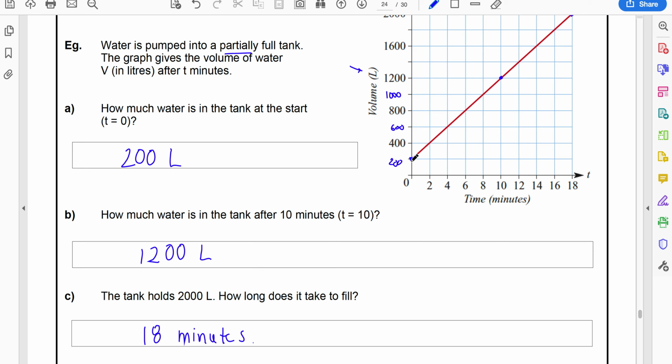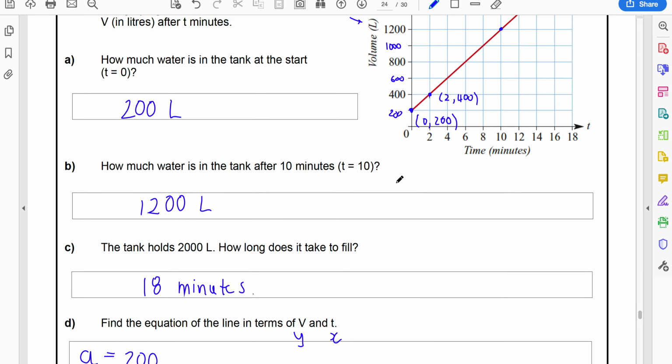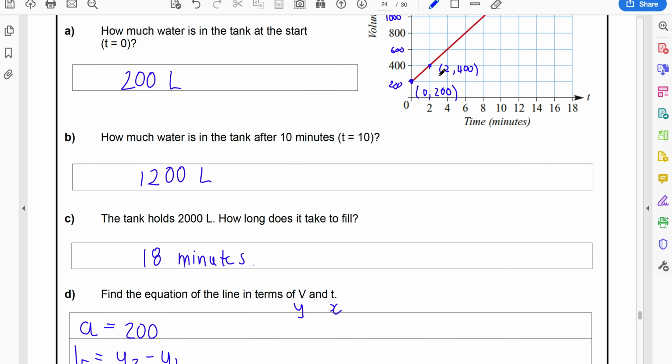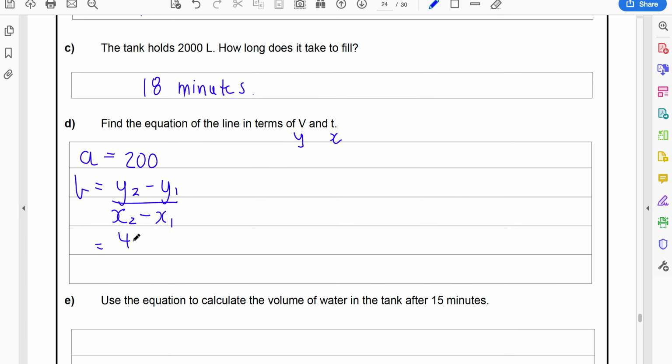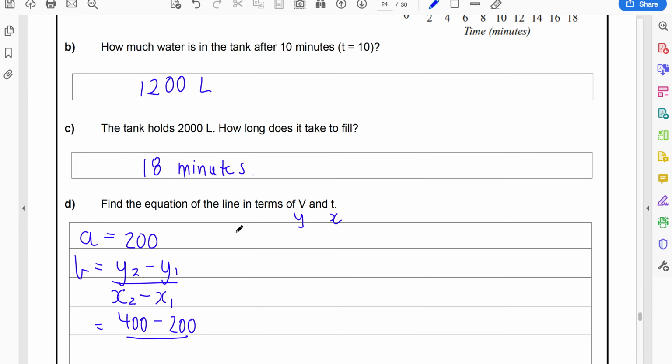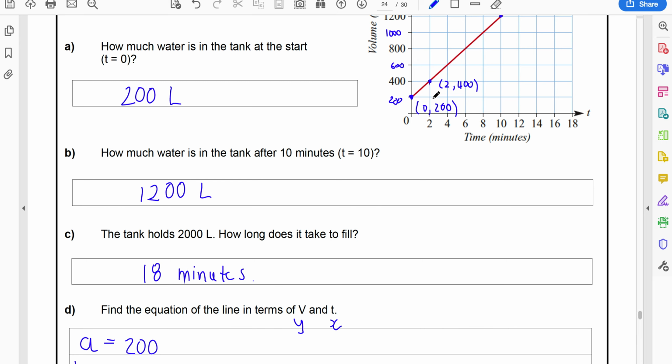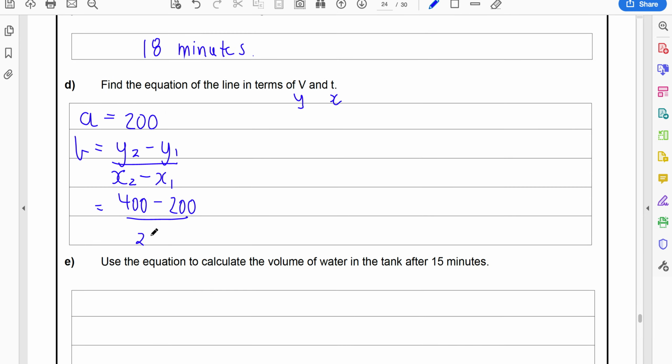I could just choose my first one here, which is 0, 200, and my second one even, which is 2, 400 if you wanted, and then label this x1, y1, x2, y2, and I'd get my 400 minus 200, over 2 minus 0. So 200 on 2, giving us 100.